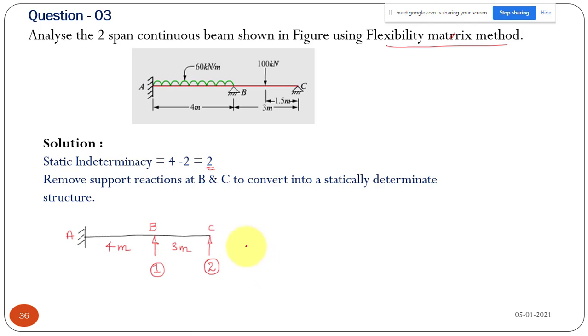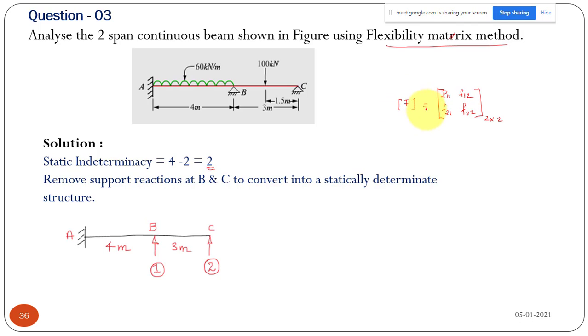First we take the basic determinate cantilever beam and apply a unit force at the free end in the upward direction. Finally you will have a flexibility matrix that will be 2 by 2: F11, F12, F21, F22. This is my flexibility matrix.